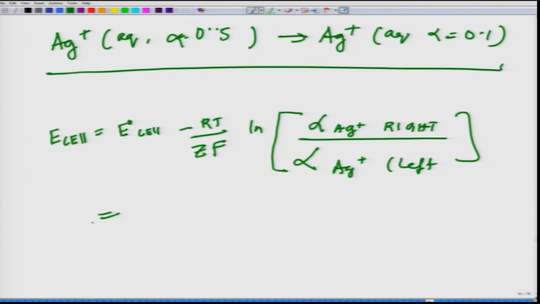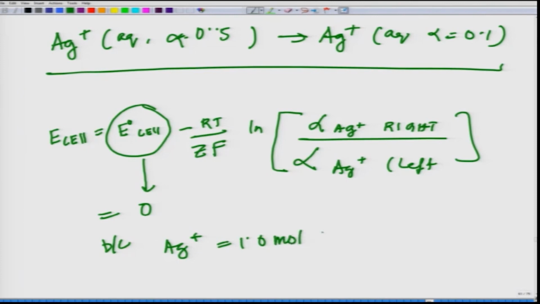E0 of the cell will be 0, because under standard conditions the concentration of Ag plus is the same, with activity equal to 1, in both half cells.